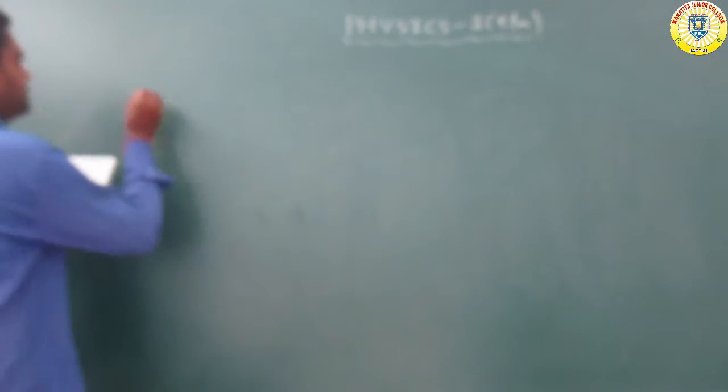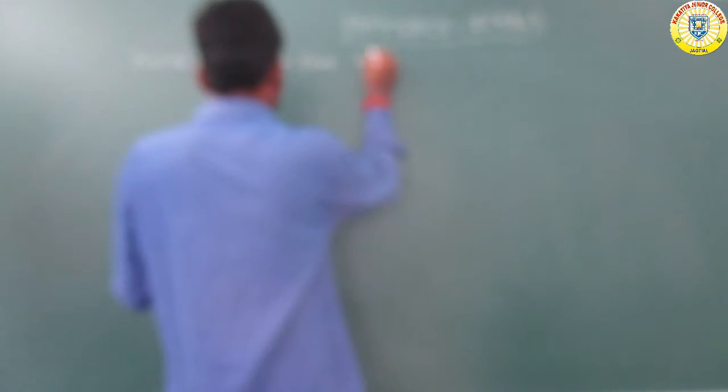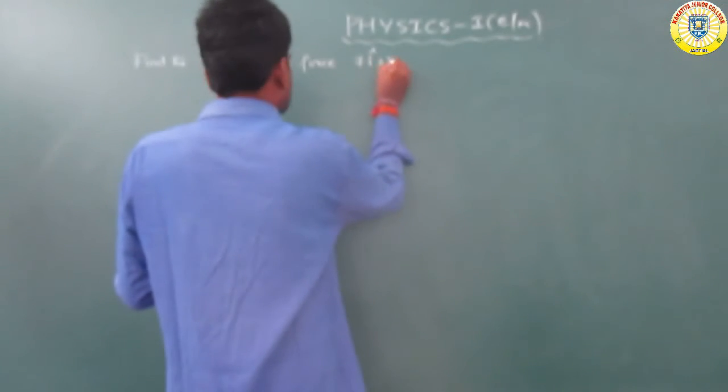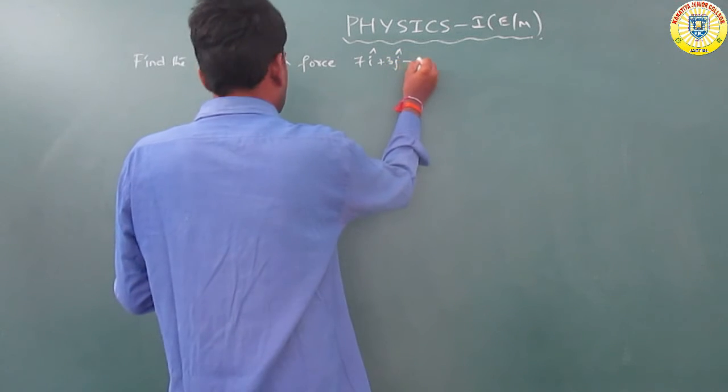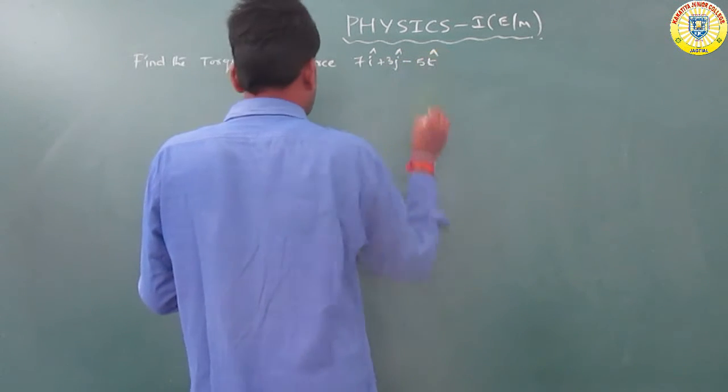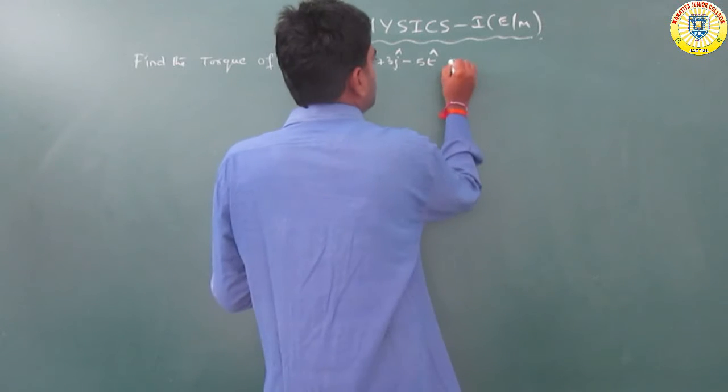Find the torque of a force 7i plus 3j minus 5k about the origin.